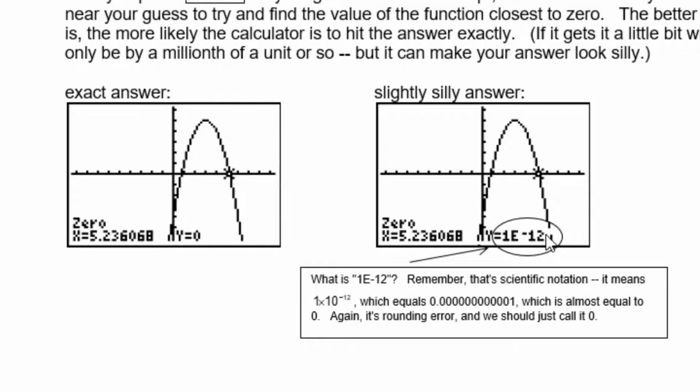Y equals 1E negative 12? Remember that that's scientific notation on these TI calculators. That fakey scientific notation for calculators. 1 times 10 to the negative 12th, yeah, that's pretty much a zero. It's a little bit of rounding error, we'll call it a zero.